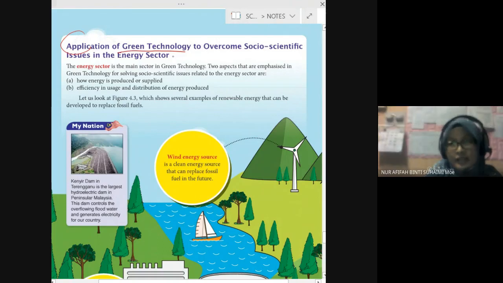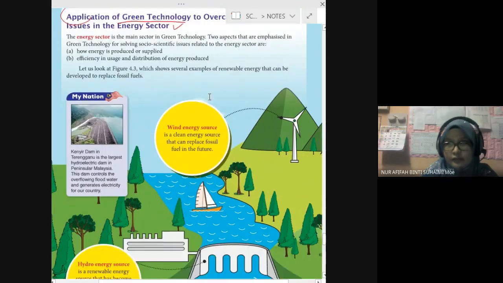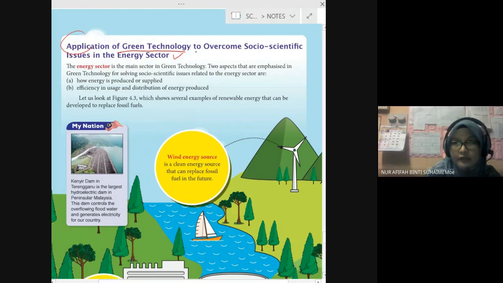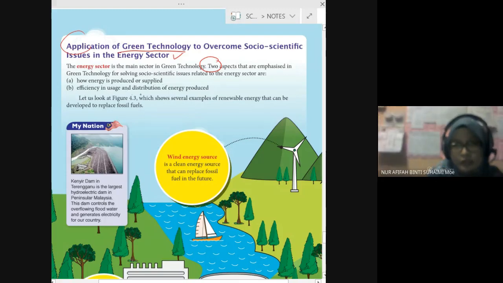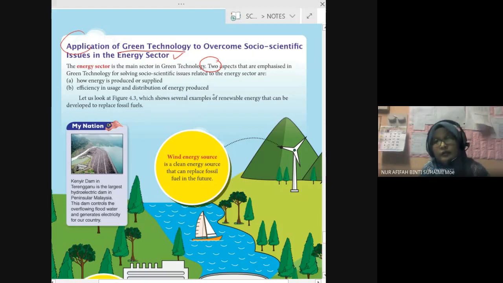Before that, we need to know how energy is produced or supplied. Two aspects are emphasized: how energy is produced or supplied, and the efficiency in usage and distribution of the energy produced.